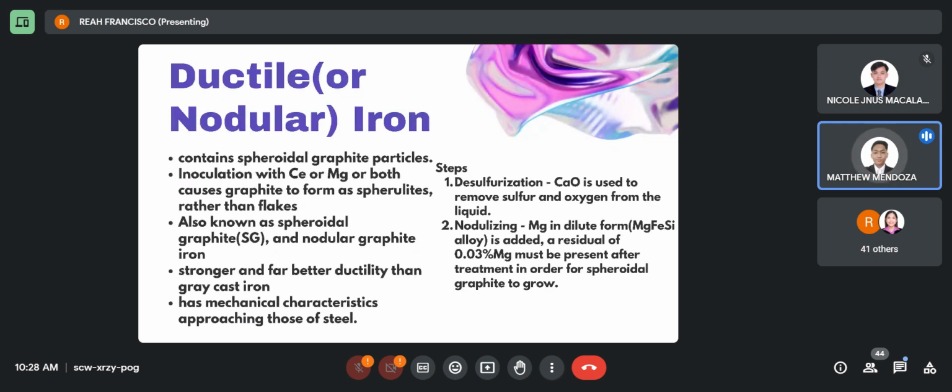Calcium oxide is used to remove sulfur and oxygen from the liquid. Then nodulizing. Magnesium in dilute form or magnesium ferric silicon alloy is added. A residual of 0.03% of magnesium must be present after treatment in order for spheroidal graphite to grow.